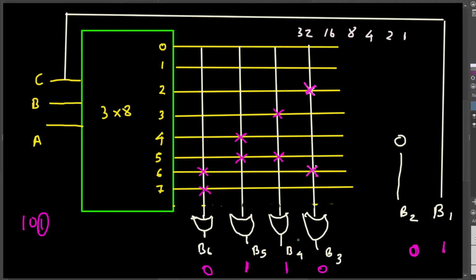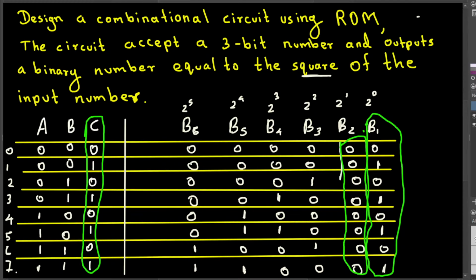If you look at it from this order, this is 1, and then the second one is 0, and 4 is 0, 8 is 1, so 8 exists, 16 also exists, and also 1 exists. So 16 plus 8 is 24, 24 plus 1 is 25. That is for 101, and that is exactly the same output we have right here.